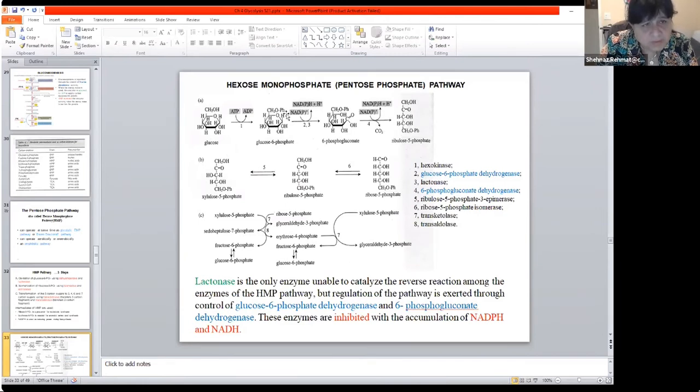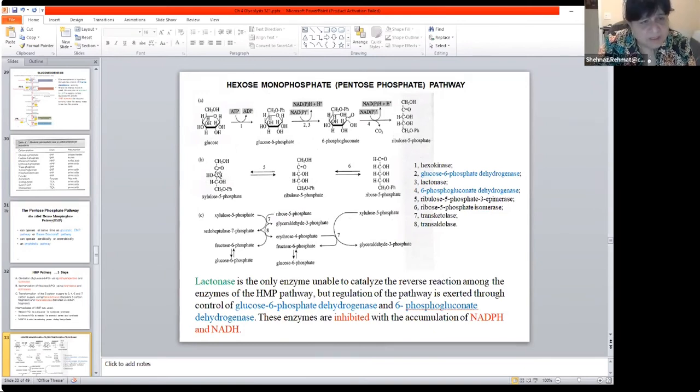So two important steps in which both of them are dehydrogenases, converting glucose to gluconate, and from gluconate, taking away a carbon and converting it into a ribulose, which is a 5-carbon compound. So this is the first series, where you are using dehydrogenation reactions and converting your carbon compound from 6 to 5 carbon.